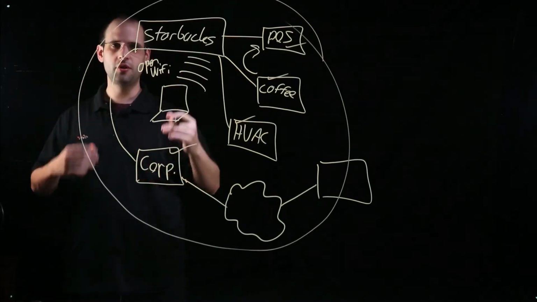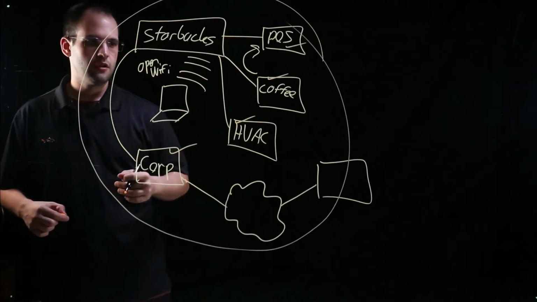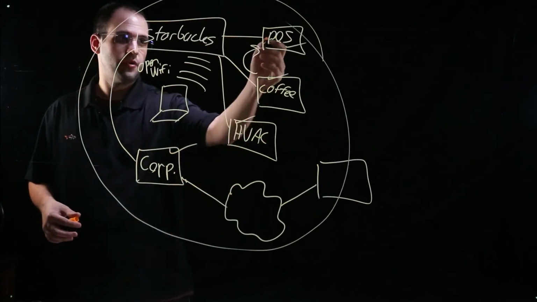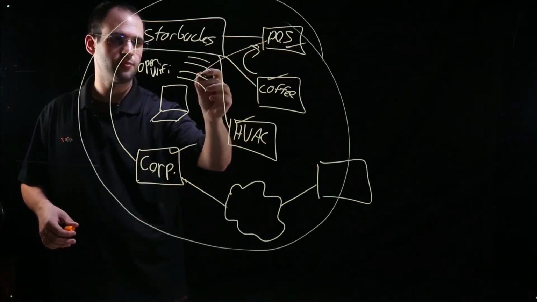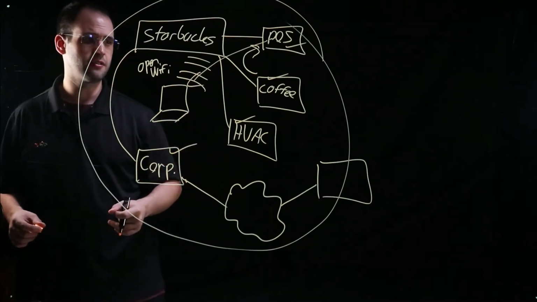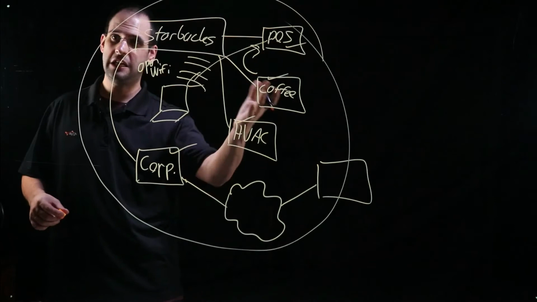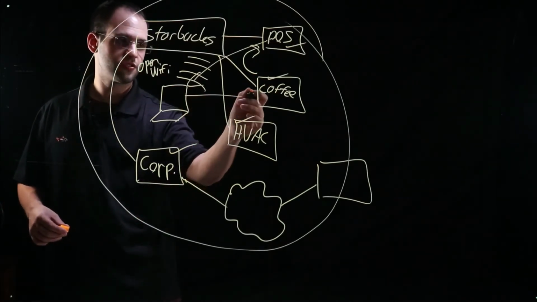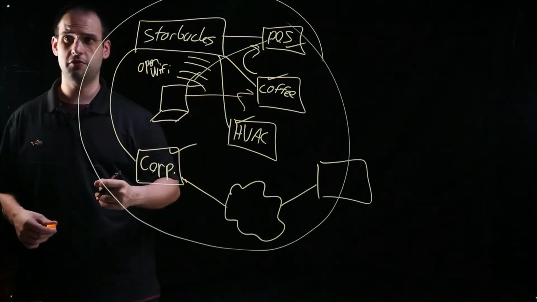If this all existed in one place, this would pose a big security risk. We would have our point of sale systems accessible directly by some random person on the open Wi-Fi. And Starbucks keeps their coffee recipes secret, so then I could just go in and steal their coffee recipes.